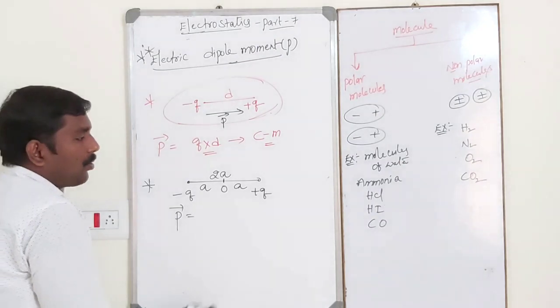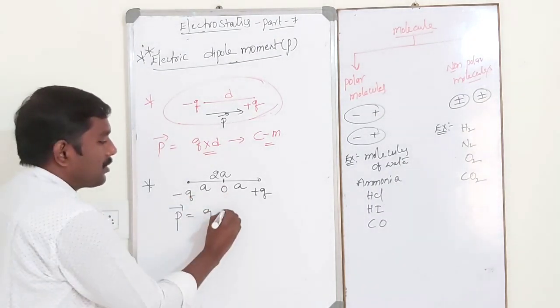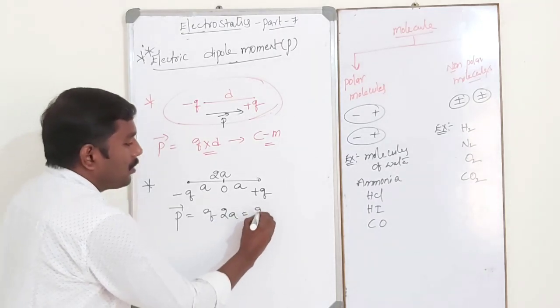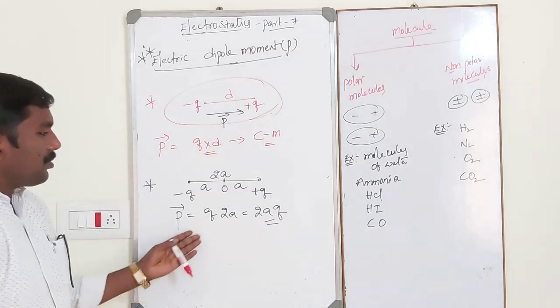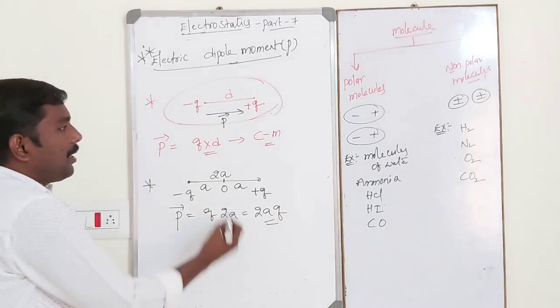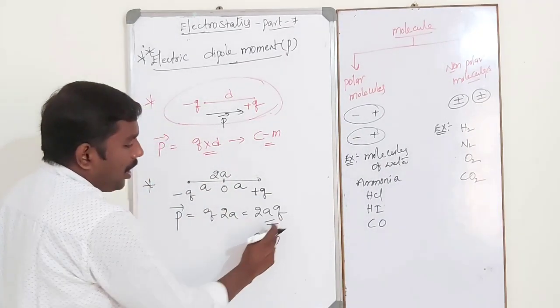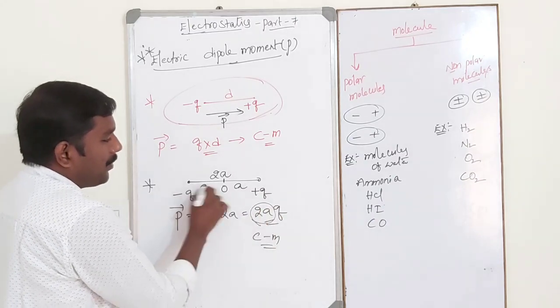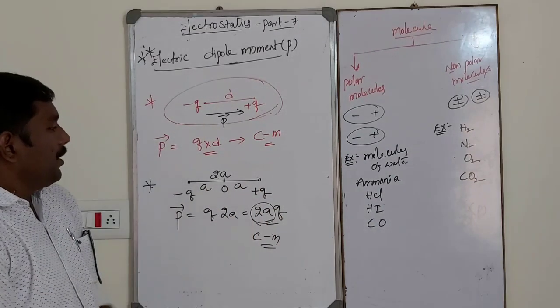Dipole moment P is equal to the product of either of the charges and the separation between the two charges, 2a, like this. 2aq. This is also dipole moment. In SI system, SI unit, coulomb meter. Charge, coulomb. This is the distance between two charges, that is meter. Coulomb meter.